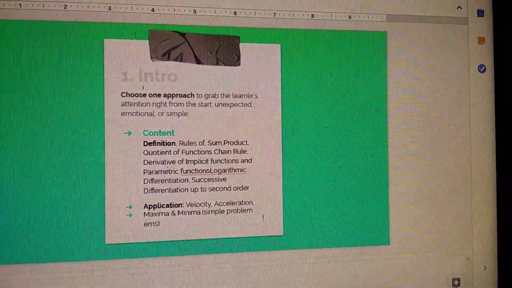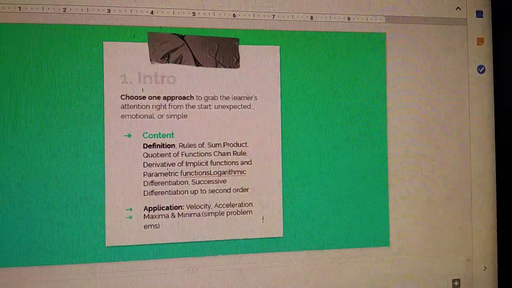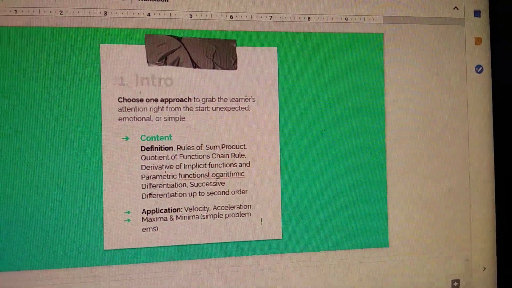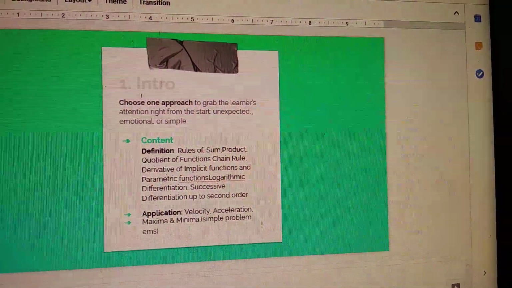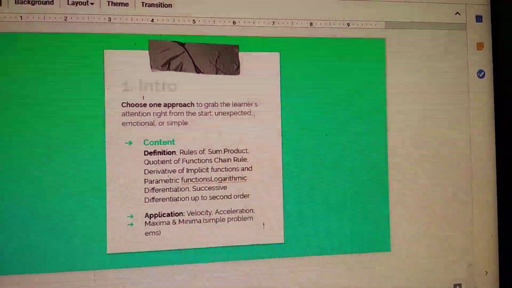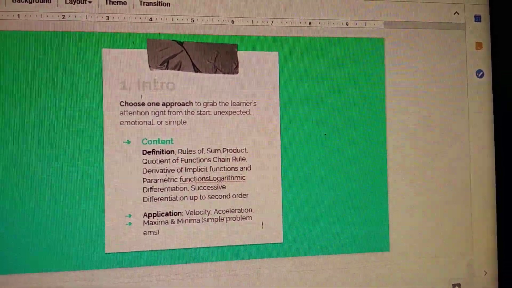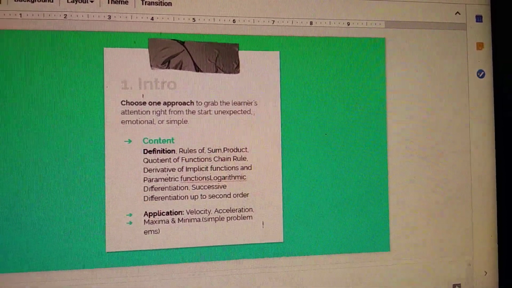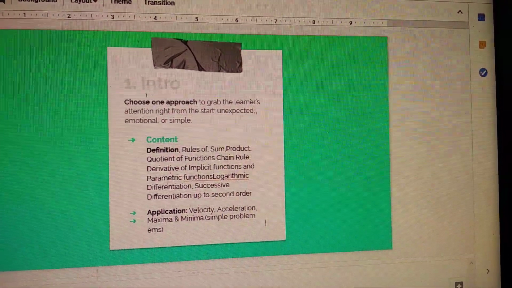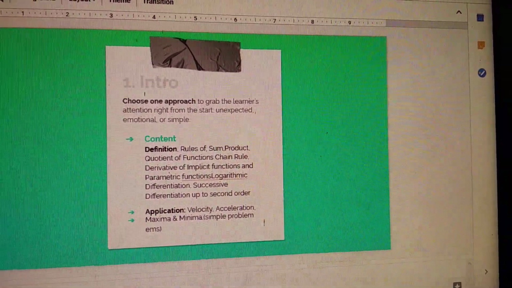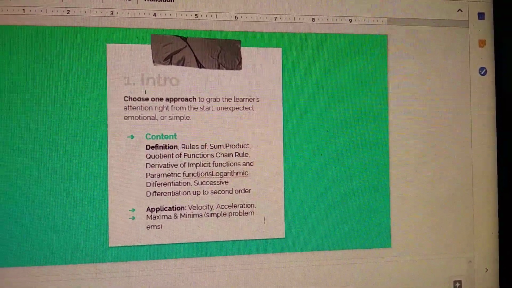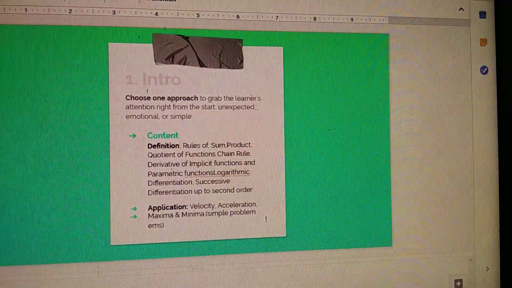Now in these chapters we want to study the definition of differentiation and some of its rules: sum, product, quotient, chain rule, derivatives of implicit function, derivatives of parametric function, and successive derivatives.